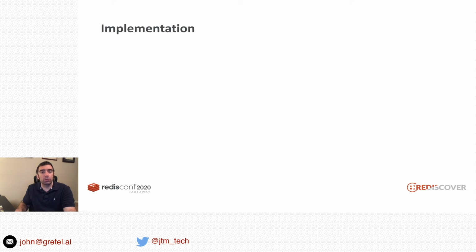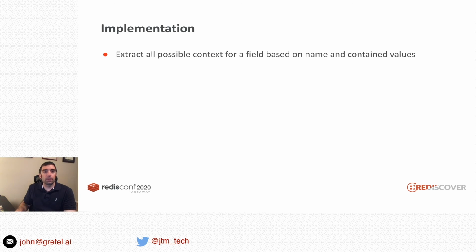Next, we'll get into some high-level implementation details of how we're enabling this. First, we extract all possible context for a field, based off of the contained values, and we can also try to exploit the header names. We've done a lot of work in building ways to model header names to give context as to what the actual value is.